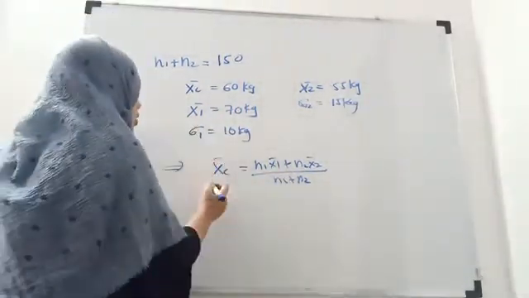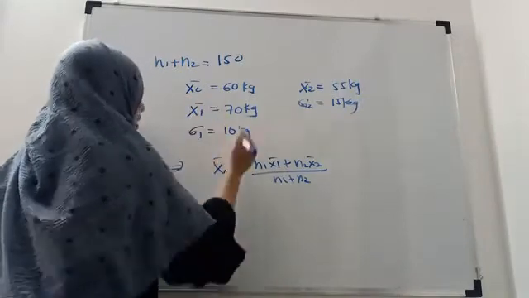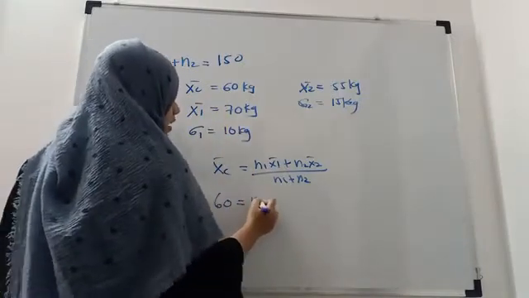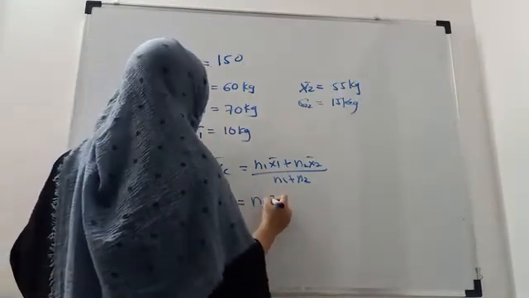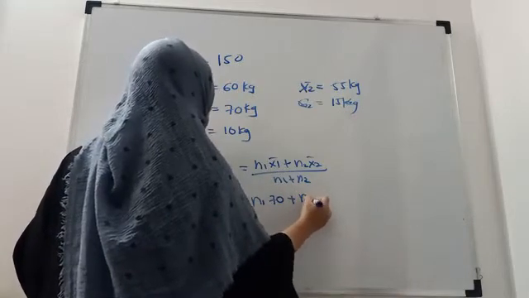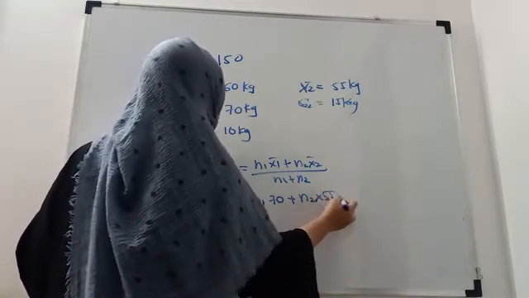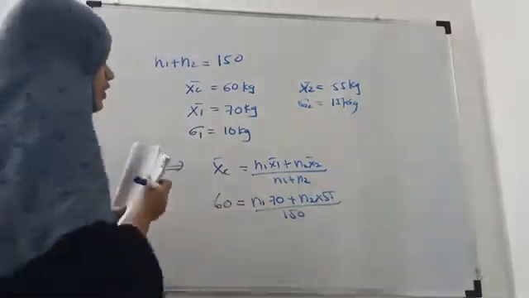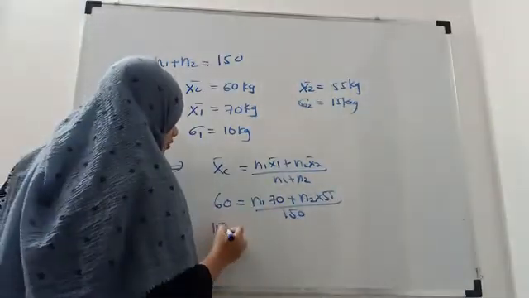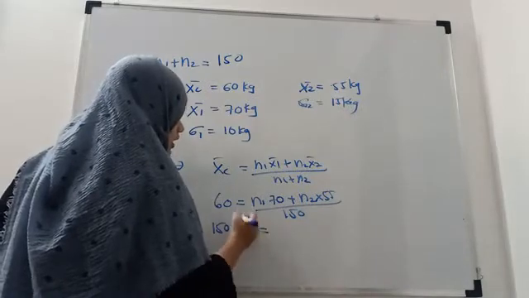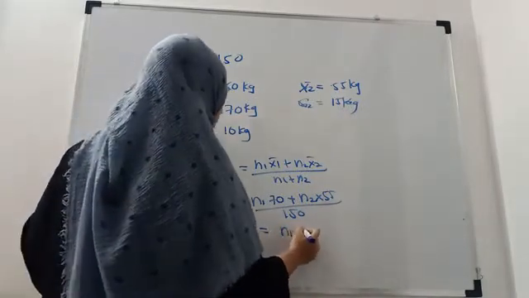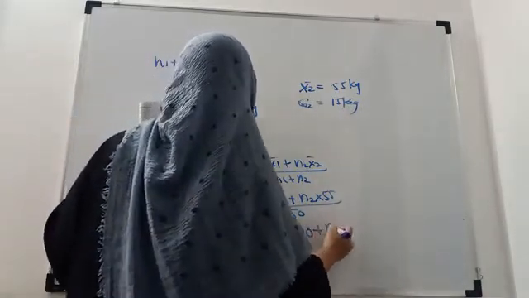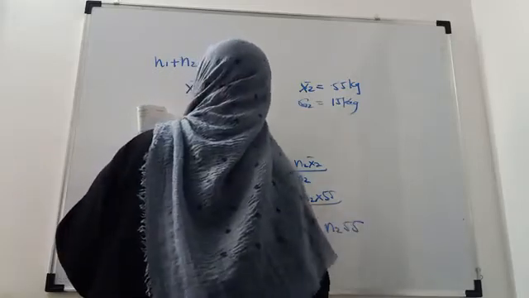So we put all the values: xc is 60, n1 is unknown, x1 is 70, n2 is unknown, x2 bar is 55, divided by 150. We will shift this term here, so 150 into 60 is equal to n1 times 70 plus n2 times 55.